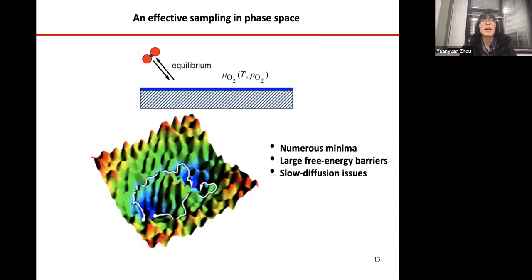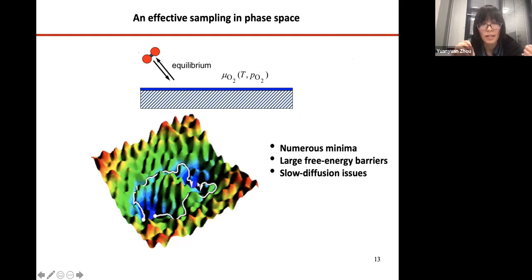Then comes the sampling of the surface in contact and equilibrium with the gas phase. This kind of sampling remains a challenge. If you look at this example of a 3D potential energy surface, this kind of energy surface has numerous minima, and the free energy barriers between different basins are very large.